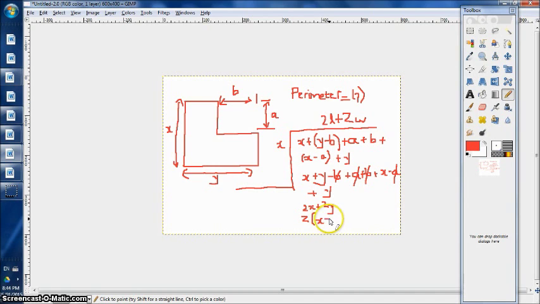So basically we're left with 2X plus 2Y. Okay, this is the perimeter of this shape. Again, this is my P of this shape.